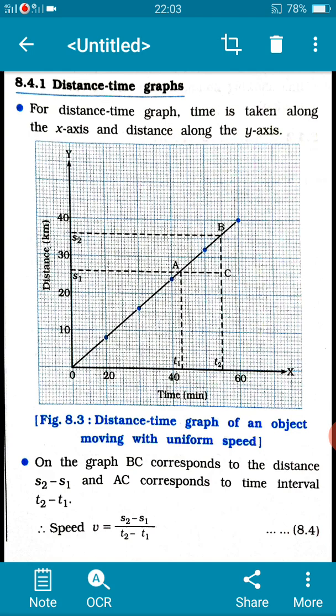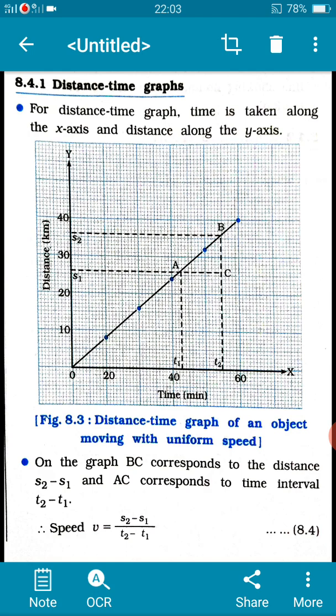Now for that, in the graph OB, take a small portion, that is AB. See the graph, it is already marked there, a small portion AB. Then what you have to do is, draw a line parallel to the x-axis from the point A and another line parallel to the y-axis from the point B.